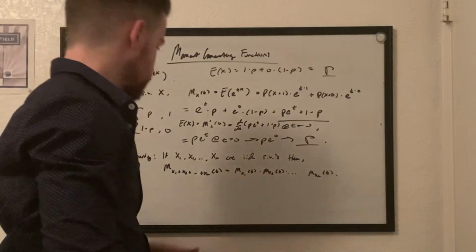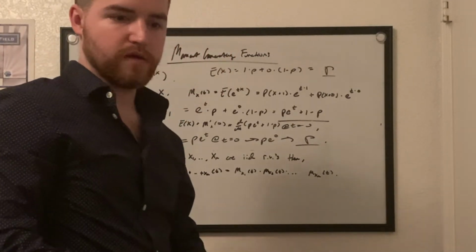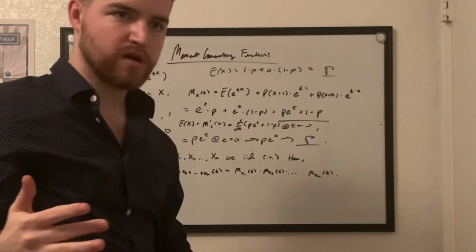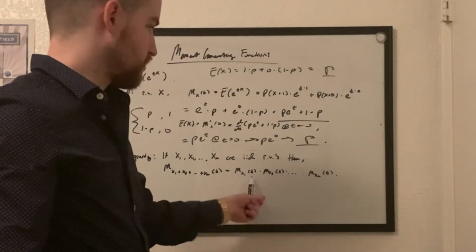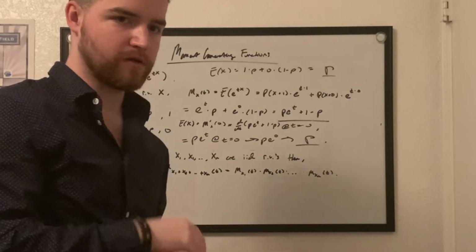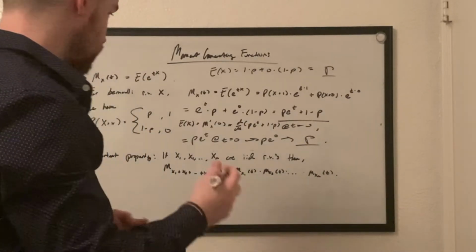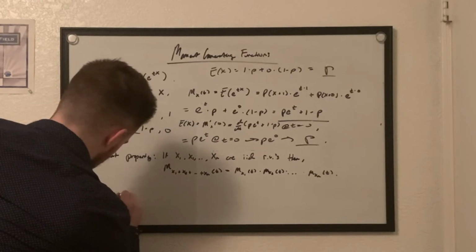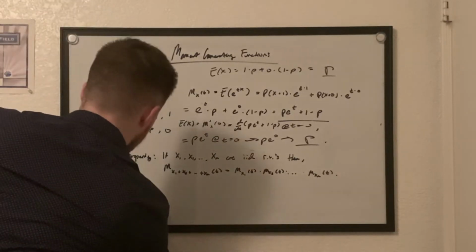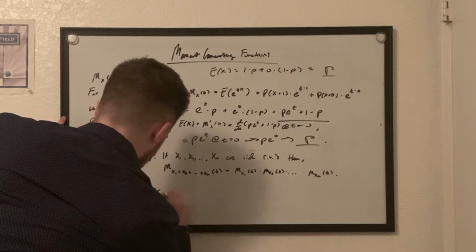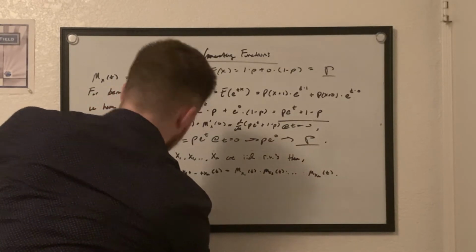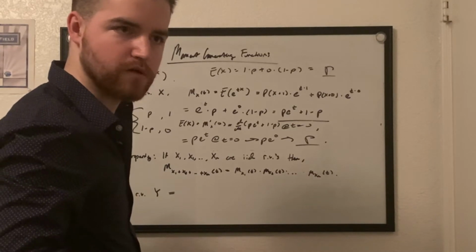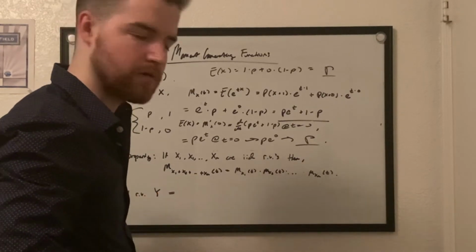So this says if we want to know the moment generating function of the sum of all of our Bernoulli random variables, it will simply be equal to the product of all their moment generating functions. And we know that a binomial random variable Y is equal to the sum of a bunch of independent Bernoulli trials, which we've shown in our earlier discrete probability videos.